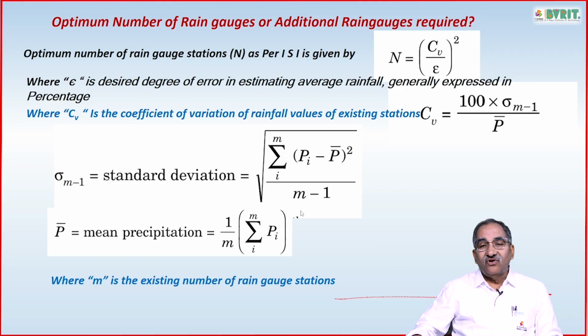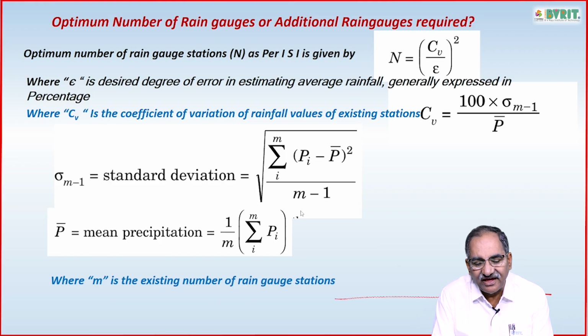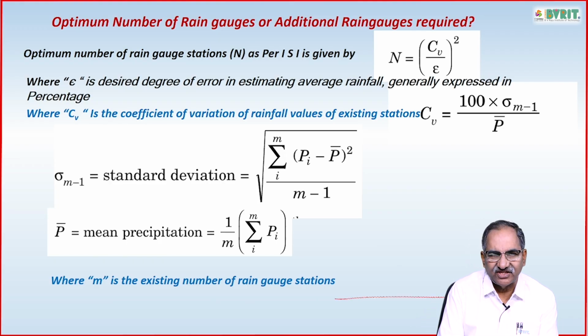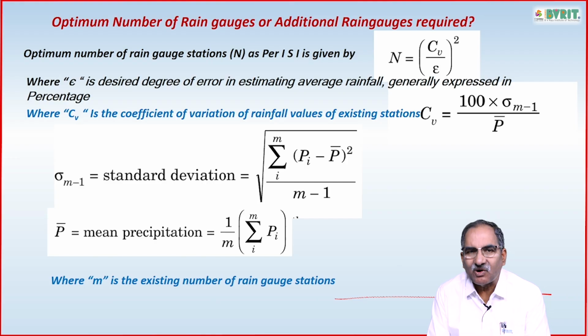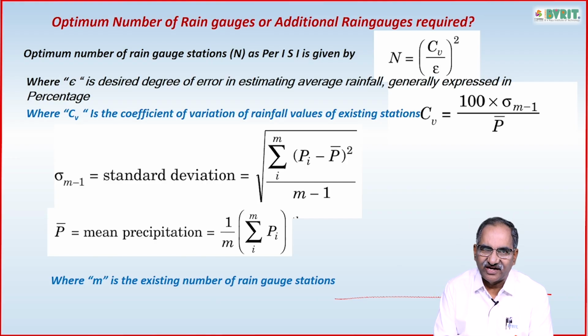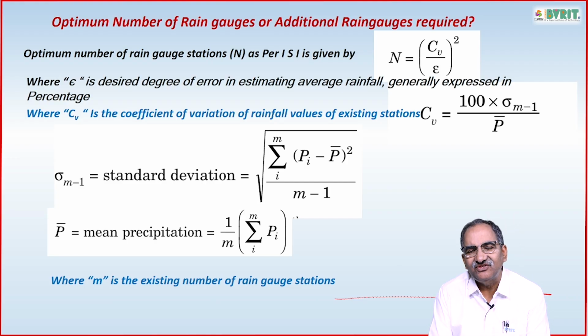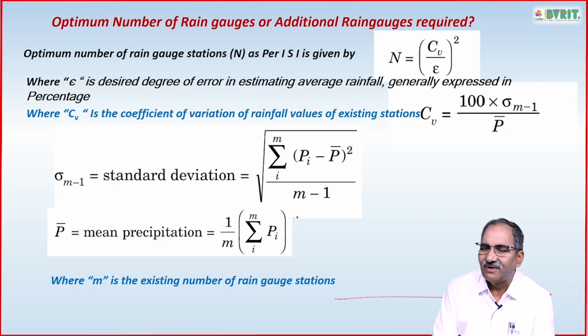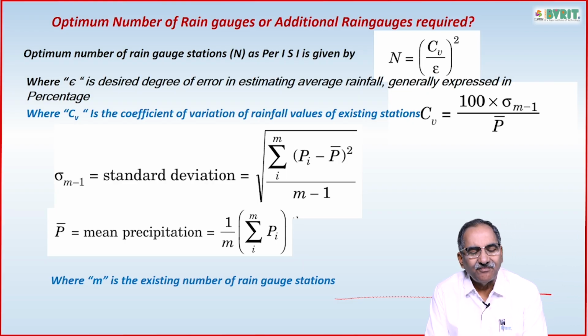Now let us go into some of the formulae which are absolutely necessary for solving any problem in this particular unit. What are the problems that you come across in the first unit? Number one is how to estimate the optimum number of rain gauges.